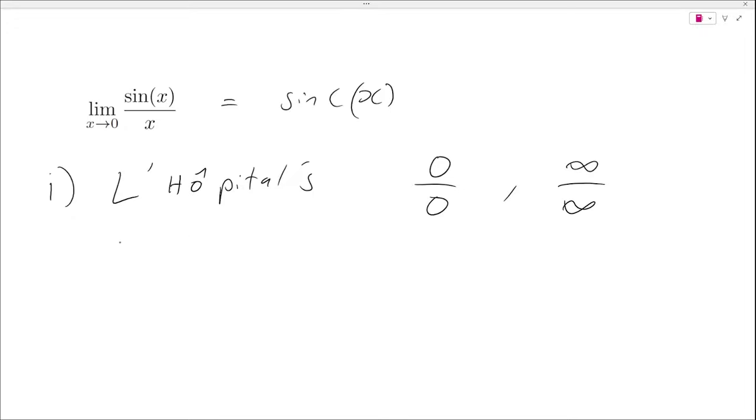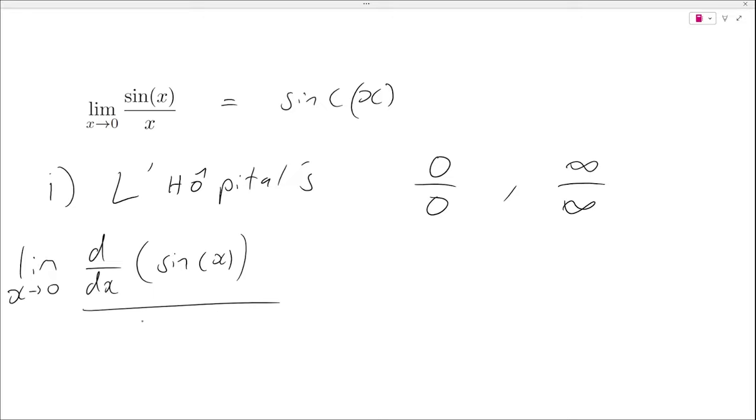Then what we can actually do is evaluate this limit by taking the derivatives. So we'll take the derivative of the numerator and the derivative of the denominator, and then we will be able to evaluate. So I might write this out now as limit as x approaches 0 of d/dx of sine x over d/dx of x. And so now when we evaluate this, let's see what we get.